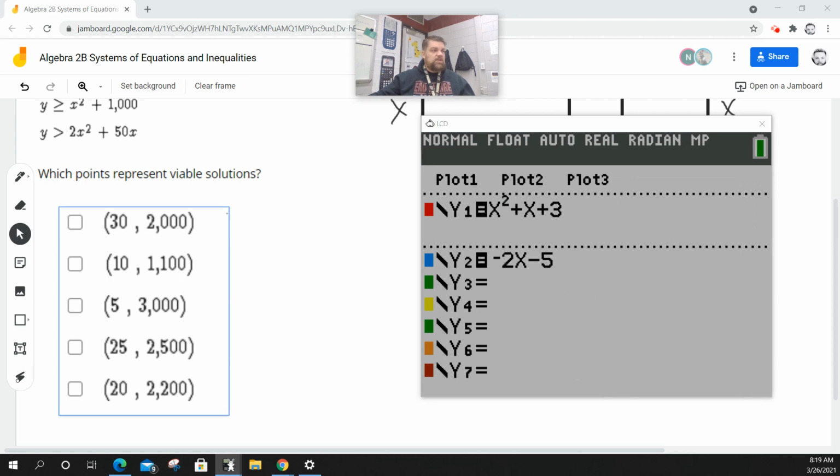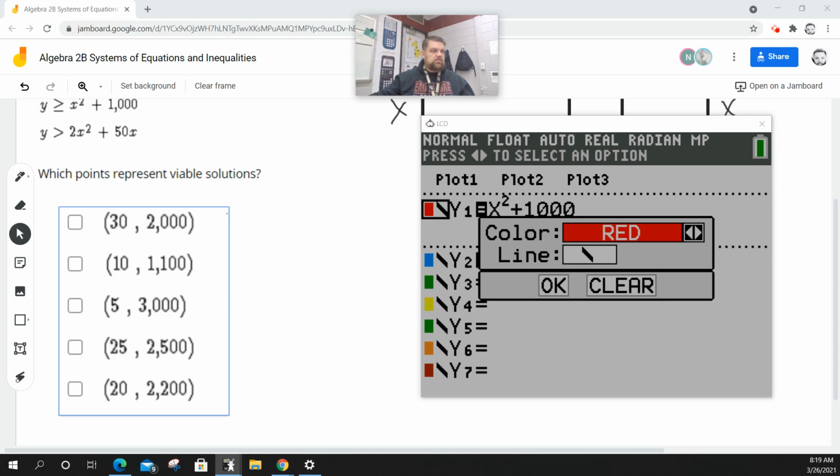Basically what we're going to do is enter in the equation just like you see it, but we're going to change it to an inequality. So x squared plus 1,000. That's the first inequality. But now when we do an inequality, there's a couple things.